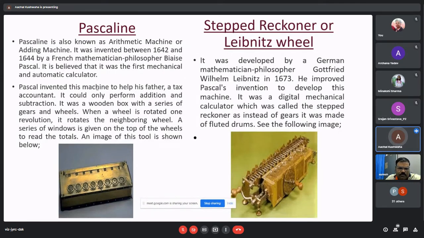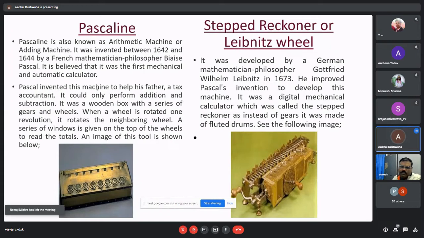It was an arithmetic machine or adding machine, and he invented it to help his father, who was a tax officer. To use this machine, you have to rotate a wheel, and one rotation equals one number.